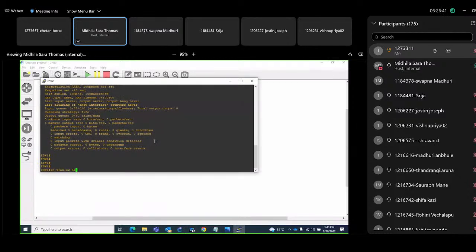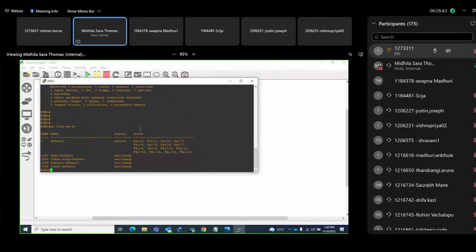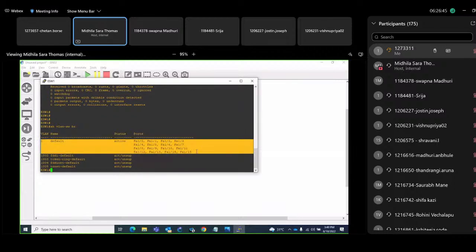Don't worry about the command and all. Do you see this? VLAN 1, I call it the default or native VLAN. And do you see all the ports by default?